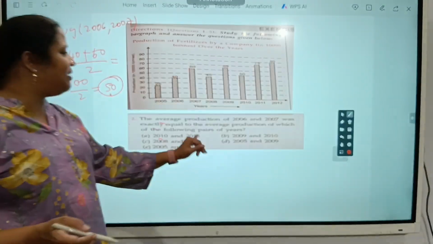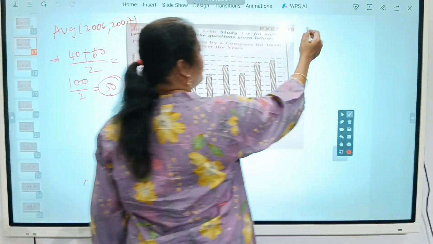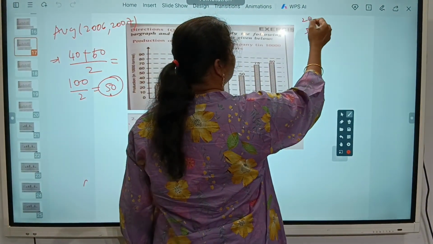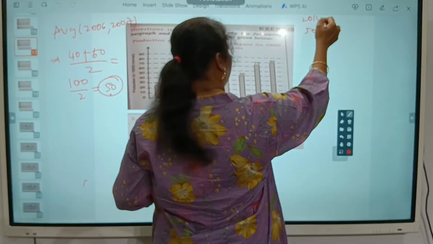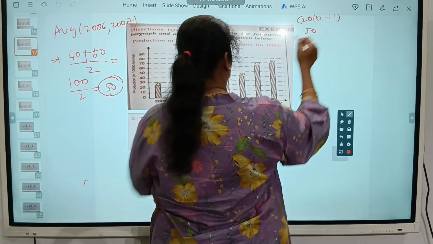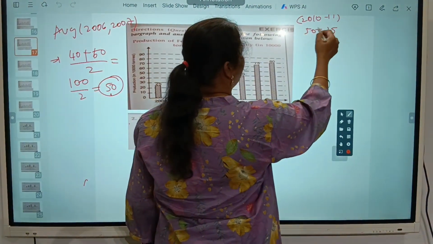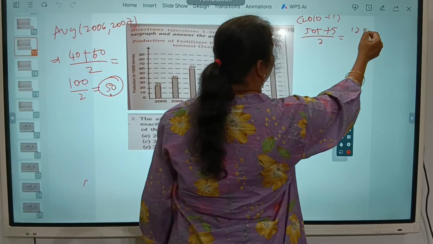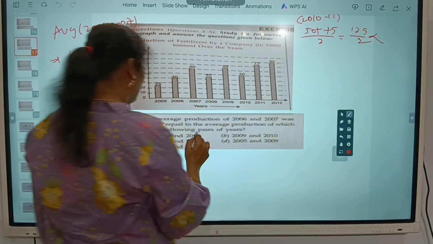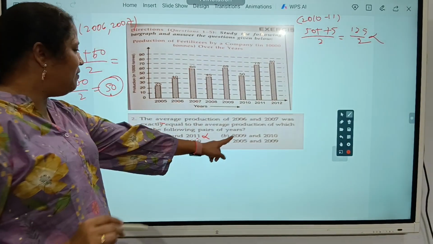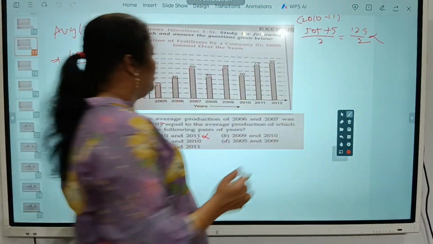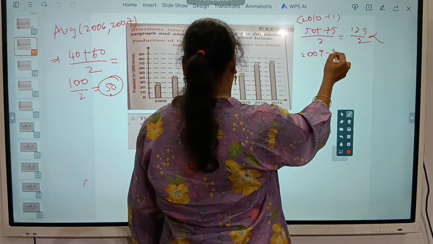For 2010-11, it comes to 50 plus 75 by 2, so 125 by 2. This is not the answer. Okay, B, we will do 2009-10.